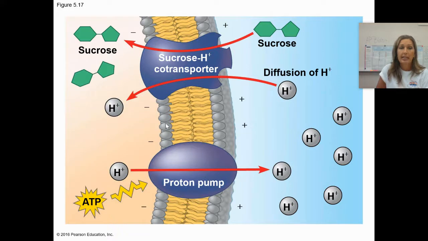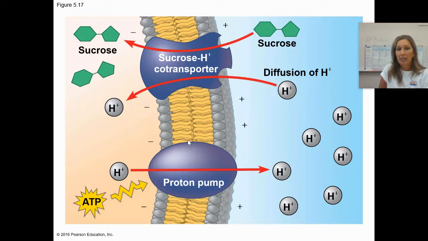So this is an example of co-transport. In co-transport, this is the use of the proton pump in order to power then a sucrose co-transporter. Sucrose being a disaccharide, this is a pretty big molecule. And if I now have to push this into a cell that already has a high concentration, so not only do I have a big molecule, but now I want to push it into a high concentration area, well, I need energy.